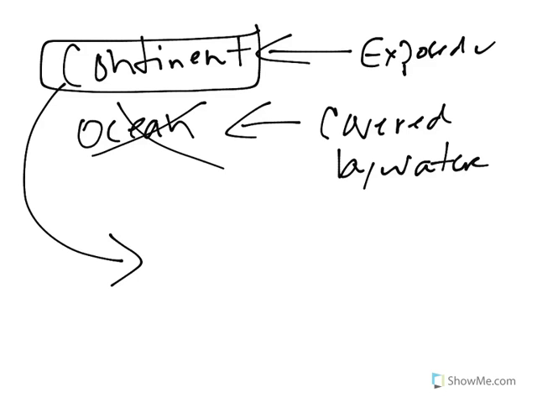The continent is mostly made up of this rock we call granite. I guarantee you've seen granite before. Maybe you have granite countertops, or maybe you've seen it at Lowe's or in an art museum, but you've seen granite before. Granite has a couple of different components.